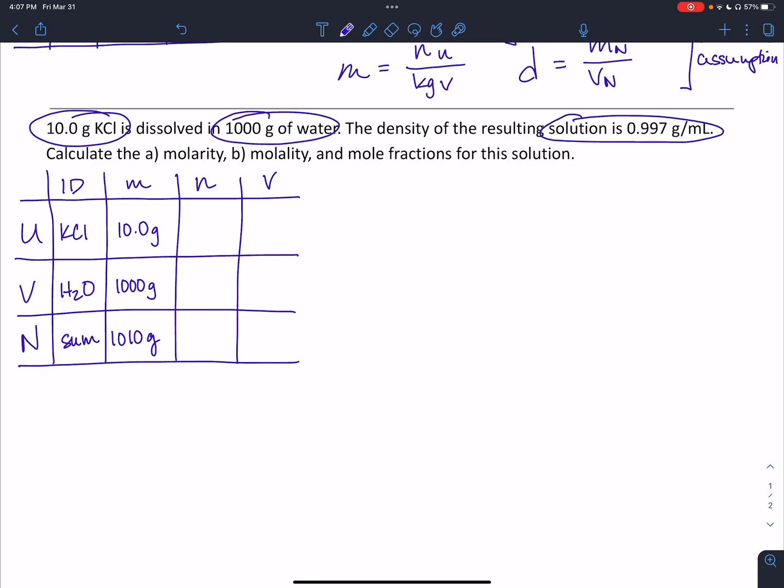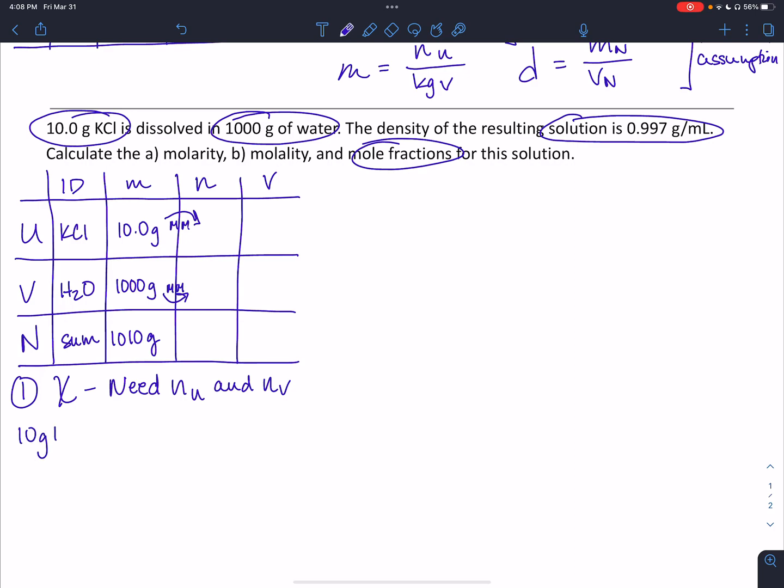So I'm going to start by looking for mole fraction. For mole fractions, I need the moles of my solute and the moles of my solvent. If I look, I have grams of both, so I can use the molar mass of each compound and figure out those moles. I'm going to start with my 10 grams of KCl.